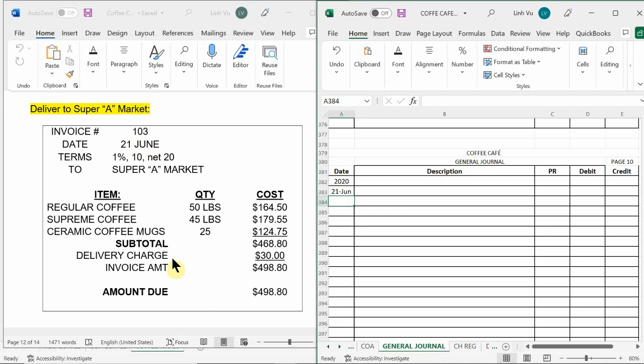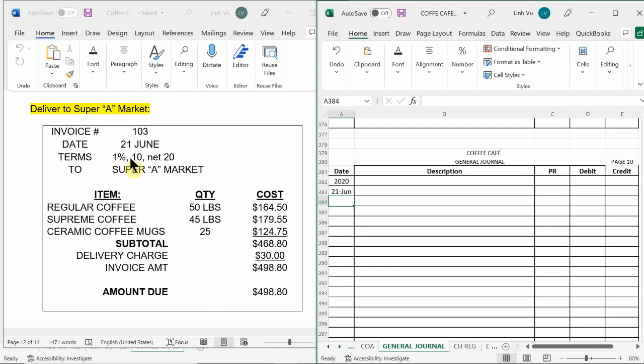Did we get paid? We give them 1% discount. Did we get paid? It's June 20. No, not yet. No, we didn't get paid. Right? All we did was deliver. So they owe us, right?